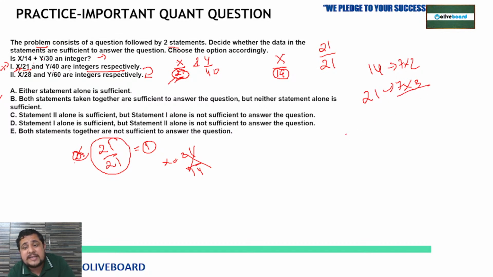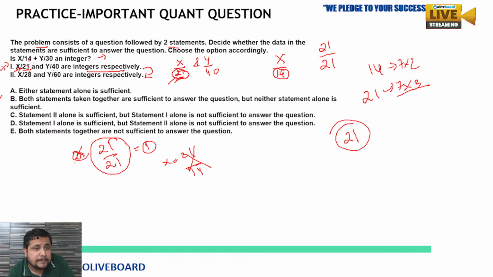Or you can easily say 21 is not a multiple of 14. It is greater than the value we are dividing by, but 21 is not a multiple of 14. So we can easily say that from here we cannot be confirmed about whether x/14 is an integer or not, because it can be either.